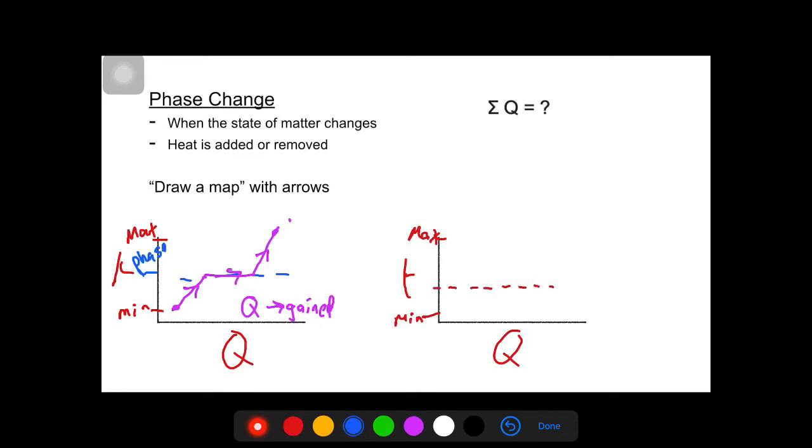But this time we say this is where it starts and this is where it stops, and now we have a Q, and a Q. They look maybe similar, but now we're starting with heat here and we are losing heat. So Q is lost in this example.